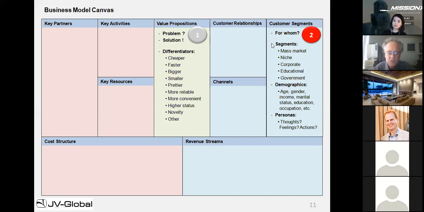So in order to narrow down and make the best use of whatever limited resources you have, the customer segments box right here captures exactly the individuals that you're going after. Mass market, sure, that's the high level of the funnel, right? But how can you narrow that down? Can you find a specific niche? Can you tailor your product or your service maybe just for the corporate sector?